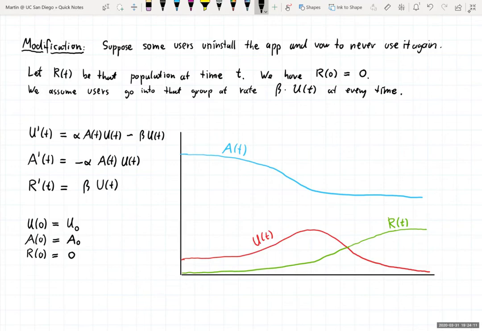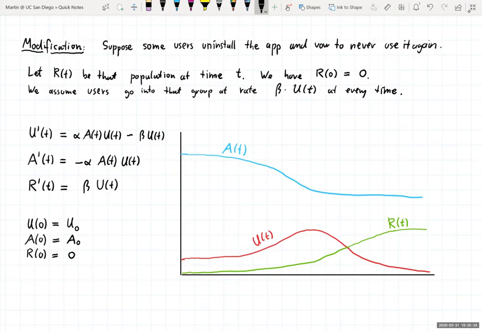So more precisely, the growth of that group R of t at any time t is beta times U of t, where beta is yet another proportionality constant. So if we write down the dynamics of these three population groups, U prime of t is alpha times A of t times U of t minus B of t.